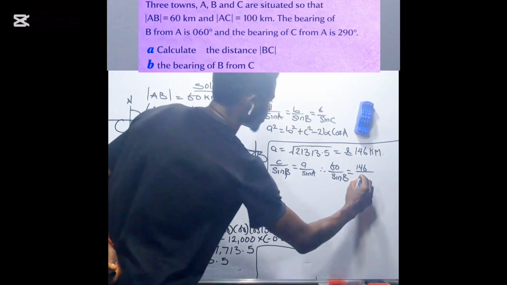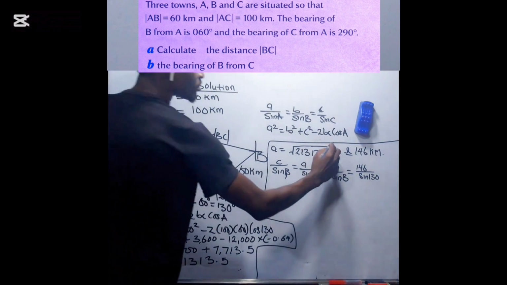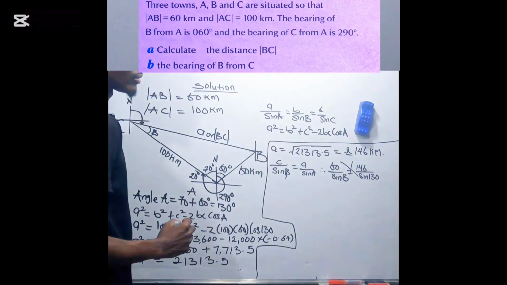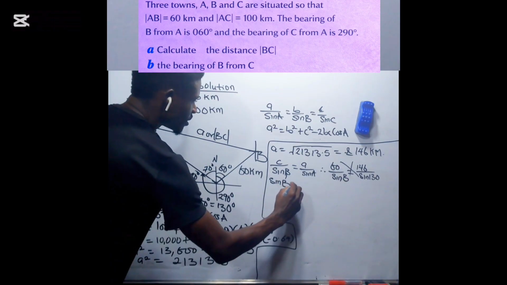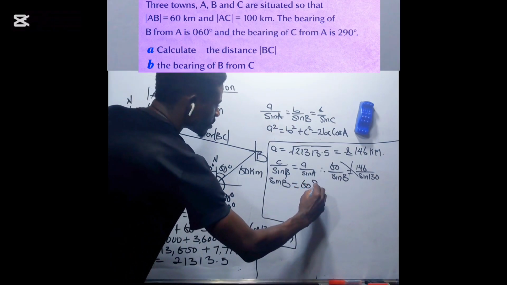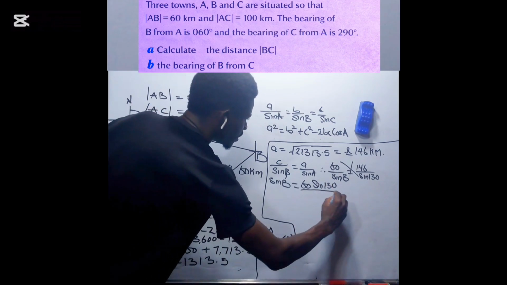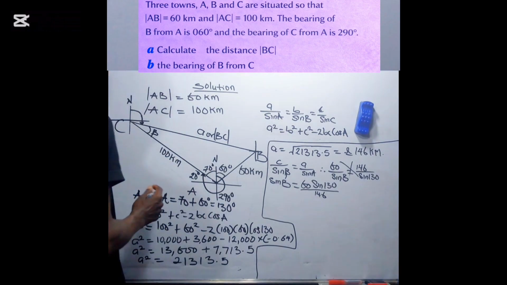Sine 130. So if we cross multiply and make sine beta the subject of the formula, we have sine beta equals 60 multiplied by sine 130, then divided by 146.